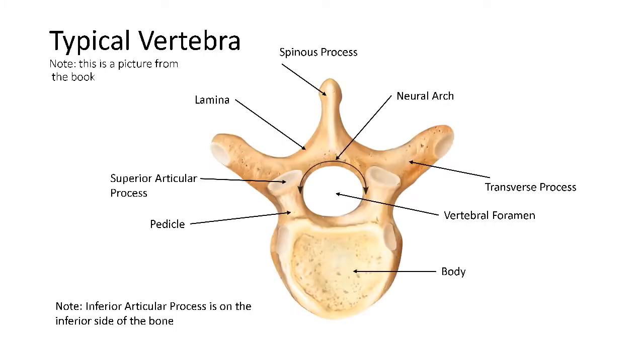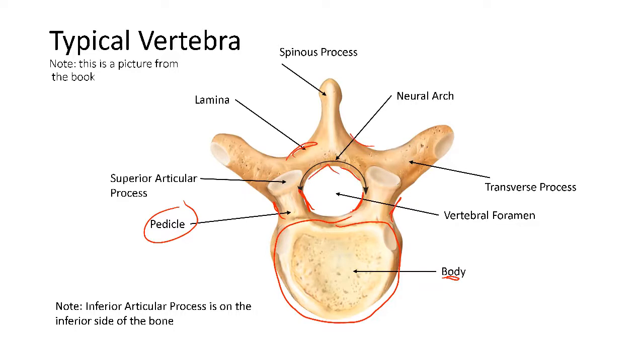Okay, this photograph is a drawing from your textbook. This is a typical vertebra with the typical landmarks. So the landmarks that you would have to be able to identify are the body, and the body is this whole thing, right? Each pedicle comes off of the body as basically a piece, and then the lamina is posterior.